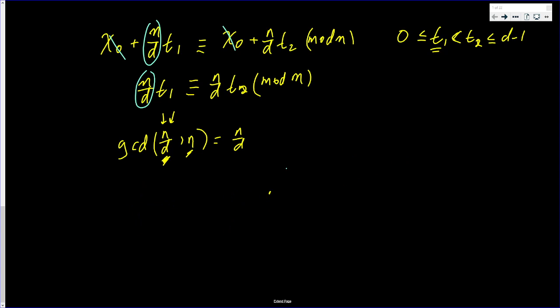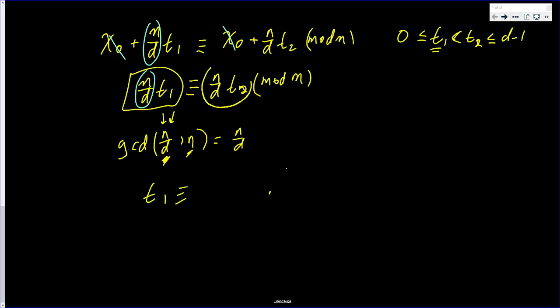Okay. Now, you can divide by the GCD by a previous theorem. So you divide this by n over d, you get T1.